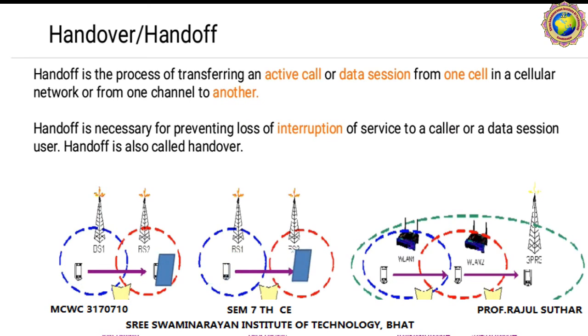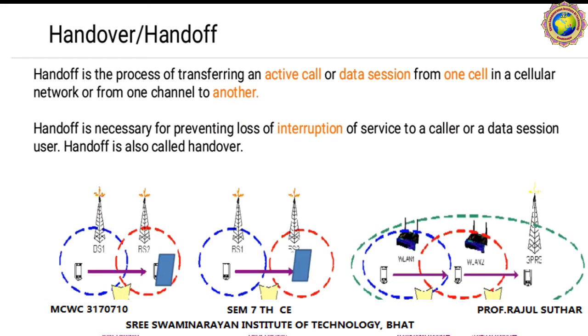And hard handoff means whenever both base stations are in different places, and you are moving from one base station to another base station, look at the figure, this type of phenomenon is called hard handoff.